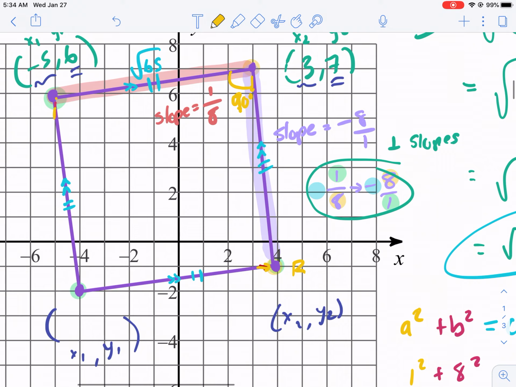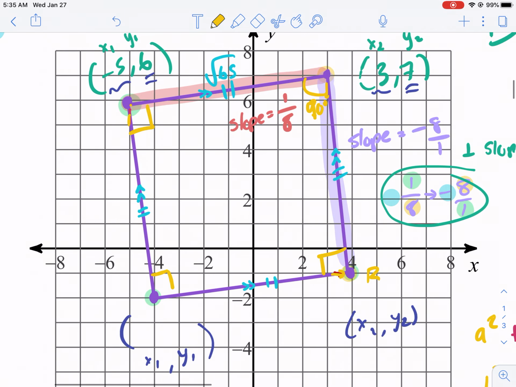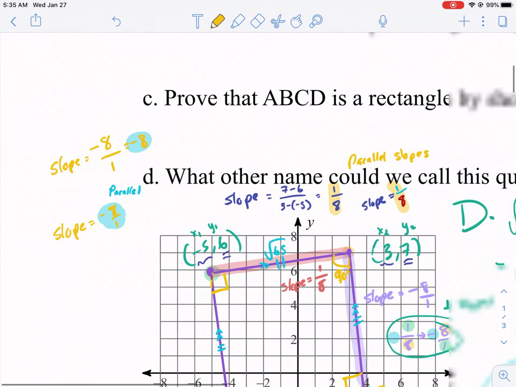As you remember, this side's still -8. Okay, this side right here, still -8. This side was 1 over 8. It was the same as the other side. So you could use a bunch of different properties to explain this, but this is also going to be 90-degree angles. All of these are 90-degree angles because they're opposite reciprocal slopes up here. Just reference these.